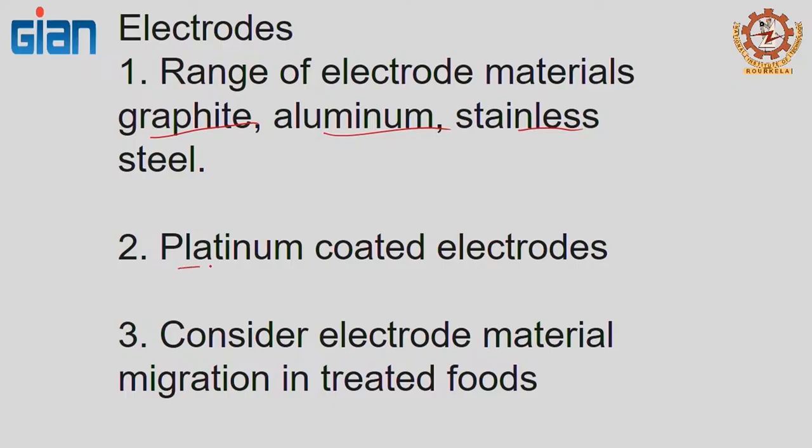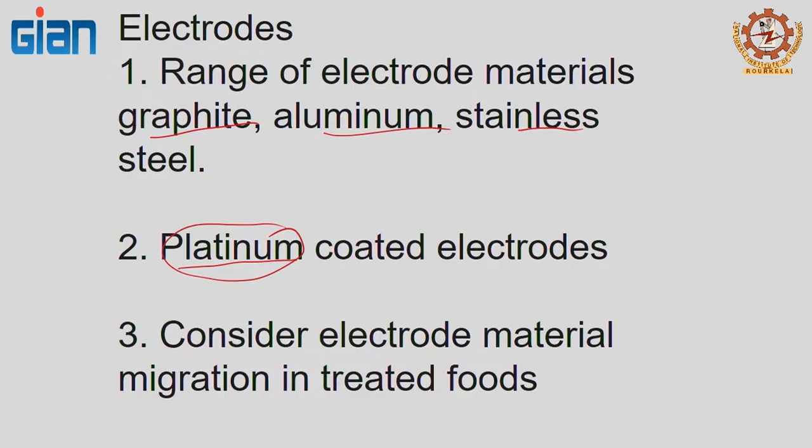So, what they do is coat the electrodes with platinum, so that they stay inert. You only pass the electricity, and it does not interact with the product. Otherwise, you may pit the electrode.